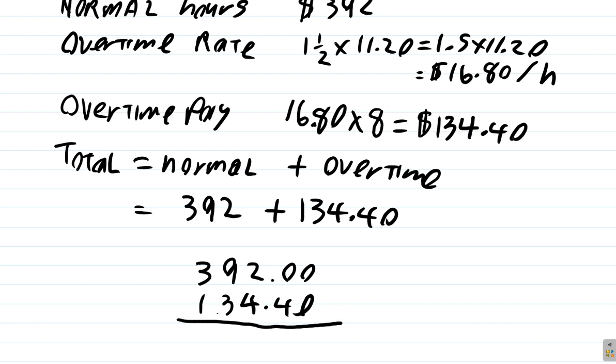Let us add them. 0 and 0, 0, 4 and 0, 4, 4 and 2, 6, 9, 10, 11, 12. Bring down the 2, carry 1, 3 and 1, 4 and 1, 5.